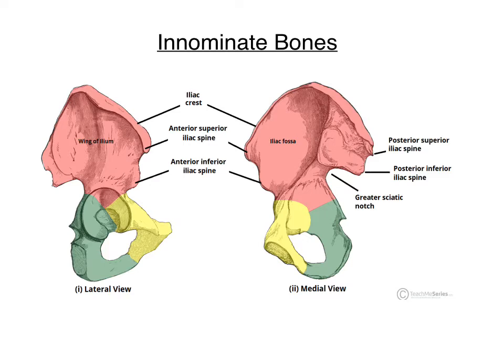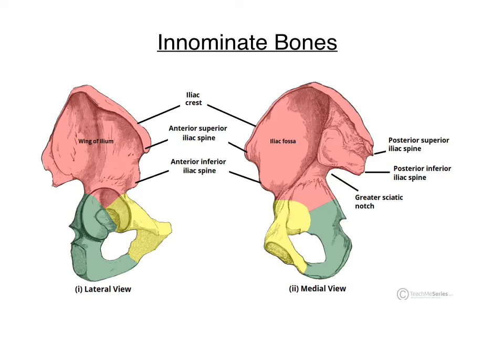A short distance below it is the anterior inferior iliac spine. If you see the pelvis in the OBG lab, you can see the anterior superior iliac spine, and just below it, a short distance away, the anterior inferior iliac spine.